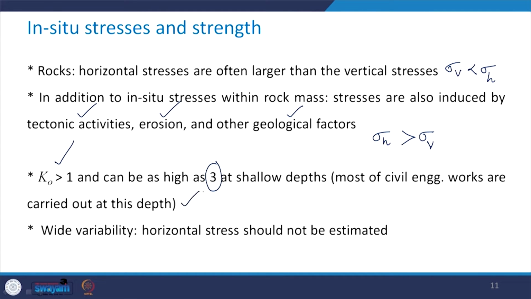So, within all the practical possible range of depths, this K naught can take a value as high as 3. Because of this wide variability, horizontal stress should not be estimated in the case of rocks.